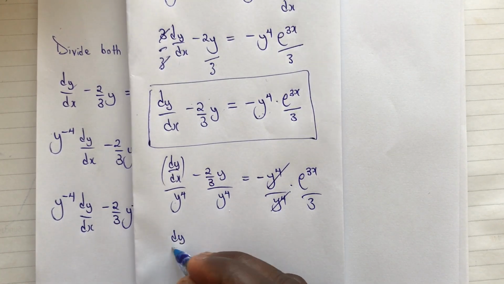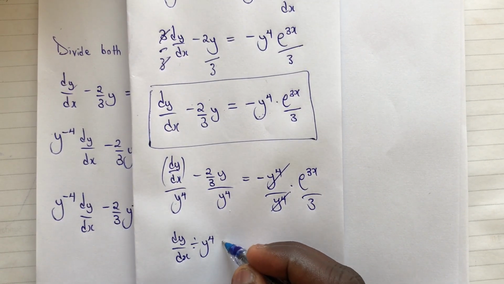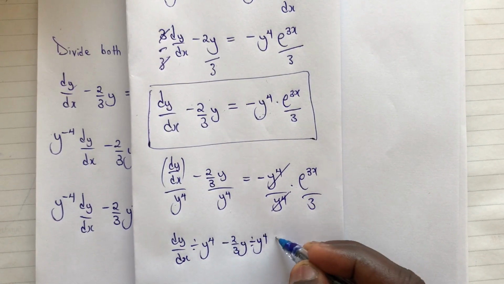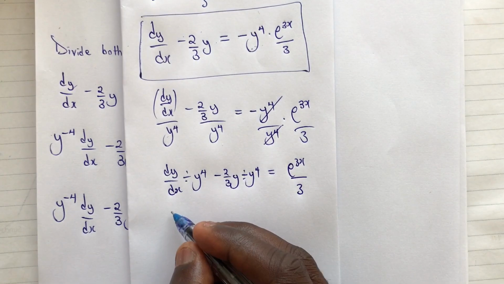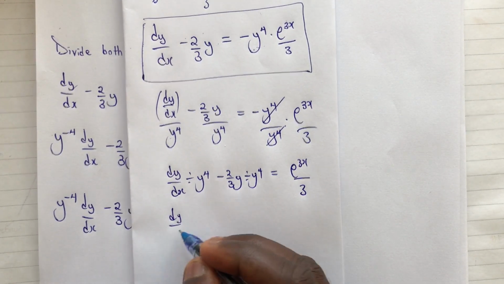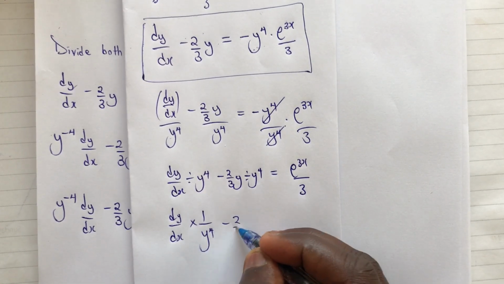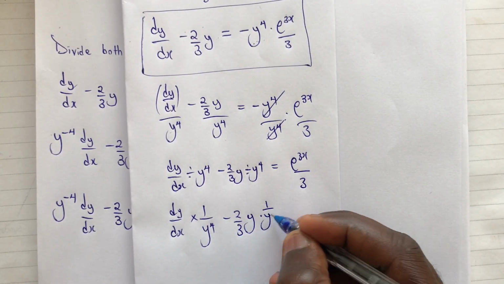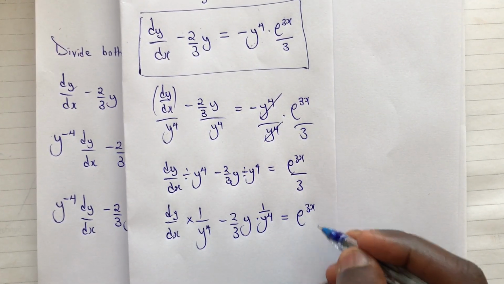So I'm having dy/dx divided by y to power 4 minus 2 over 3y divided by y to power 4 equal to e^(3x) over 3. Then when I reciprocate, I'm getting dy/dx times 1 over y to power 4 minus 2 over 3 times y times 1 over y to power 4 equal to e^(3x) over 3.